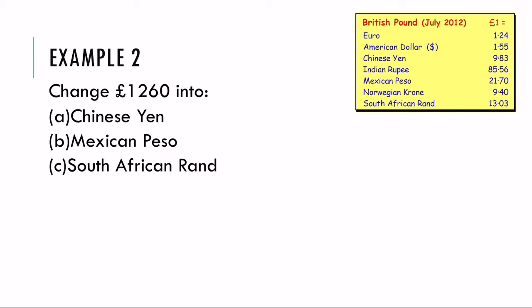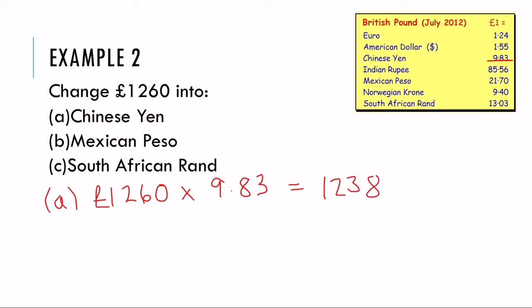Okay, in example 2, we're being asked to change £1,260 into a few different currencies. So the first one is Chinese yen. The exchange rate for that is 9.83, which gives me 12,385.80 Chinese yen. For part B, it's the Mexican peso.